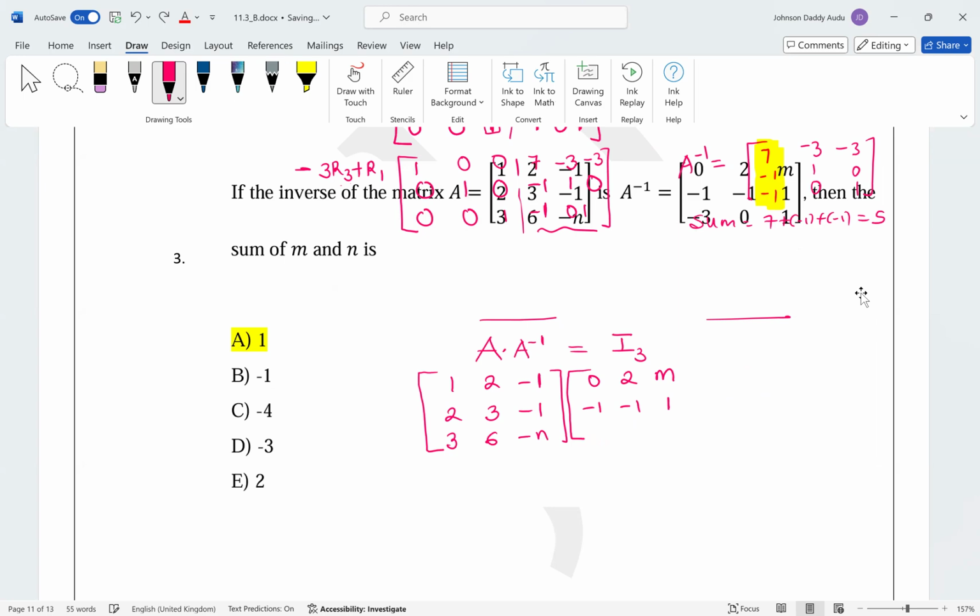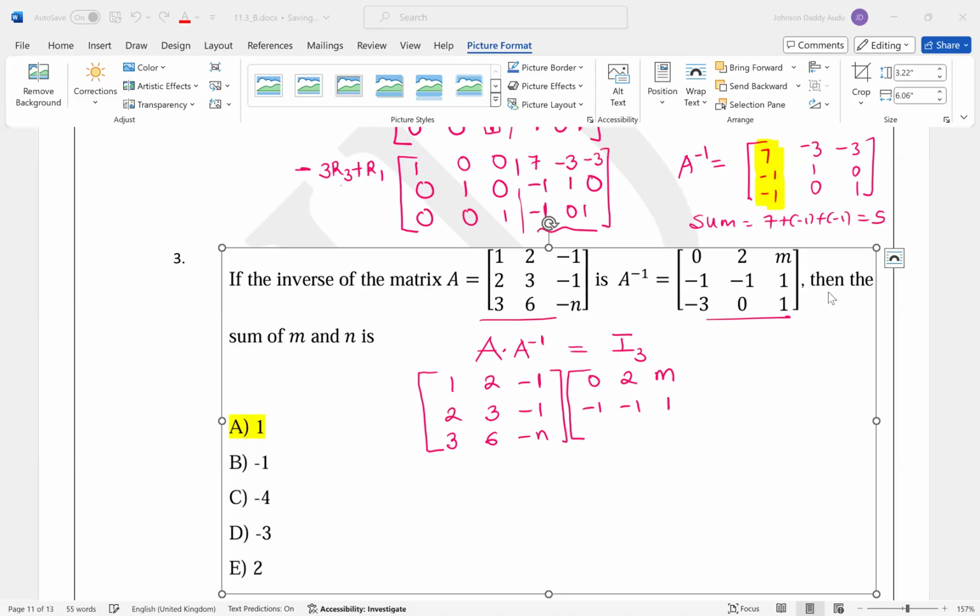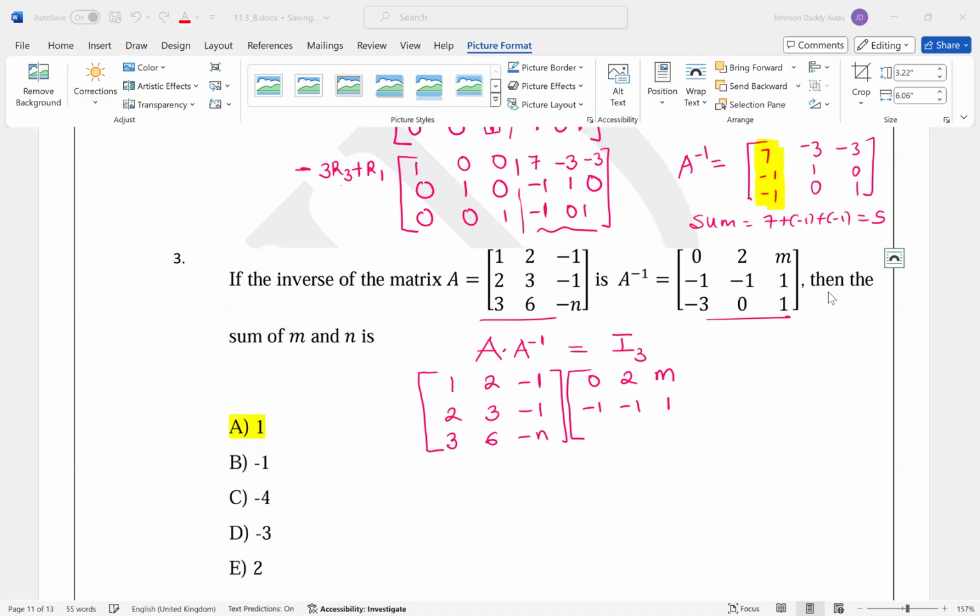So what does this mean? It means that we can easily, okay, let me fix this. And here it's minus 3, 0, 1.